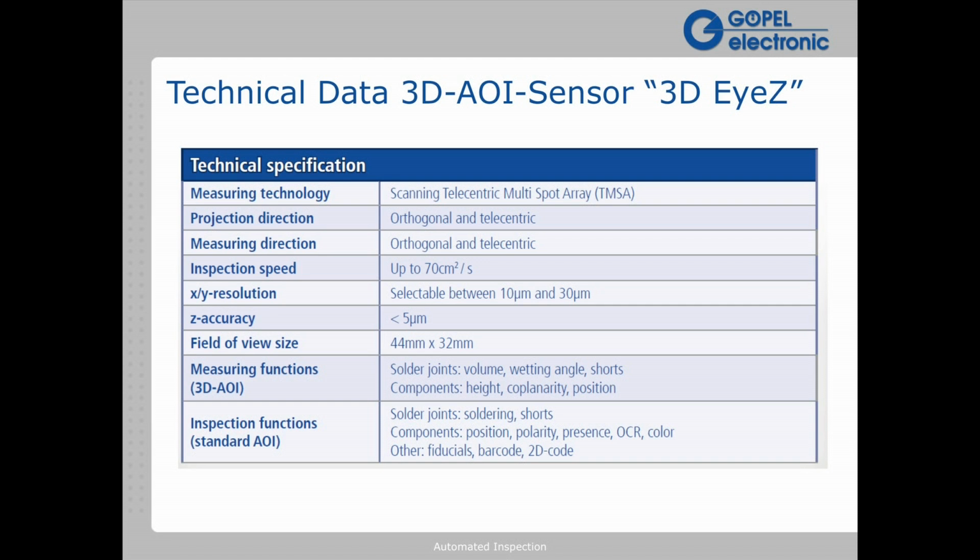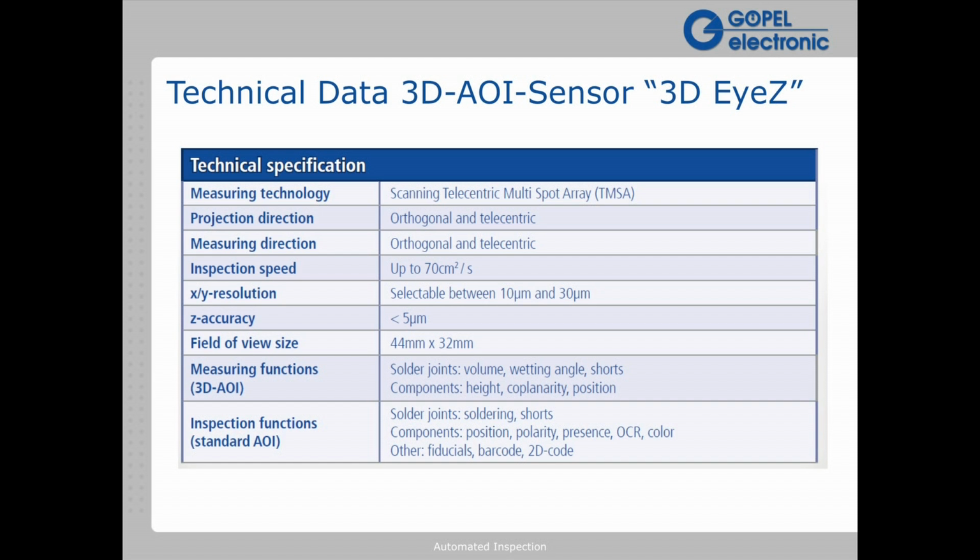interpretation capabilities. For example, if you need to measure the color bands on a THT resistor, our systems can bring that capability. Others are identification of fiducials, reading of barcodes and 2D codes.